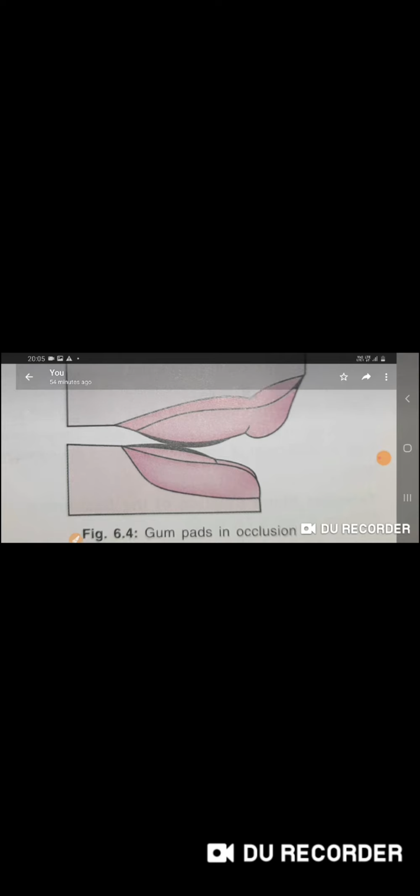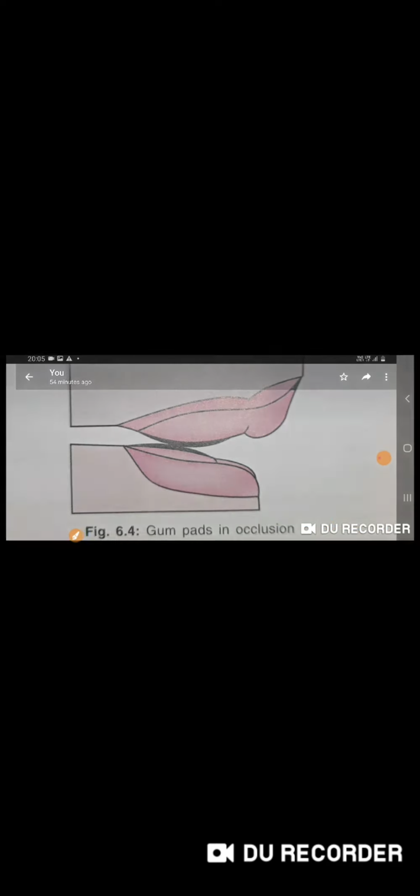Now we can easily appreciate the lateral sulcus: in the maxillary gum pad the lateral sulcus is more anterior, whereas in the mandibular gum pad the lateral sulcus is slightly distal. With the posterior gum pads in close approximation, sufficient overjet is present.